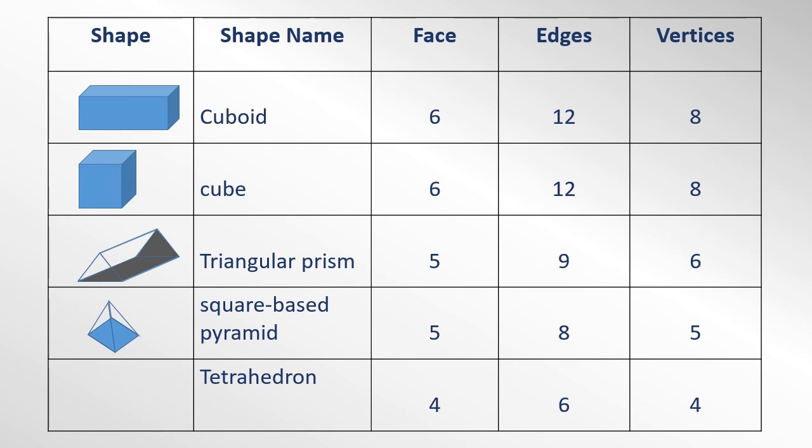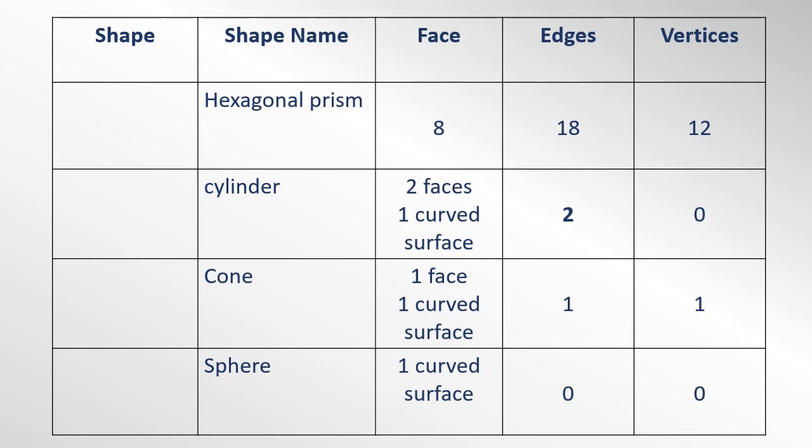What about square-based pyramid? It has 5 faces, 8 edges, and 5 vertices. And then tetrahedron has 4 faces, 6 edges, and 4 vertices.